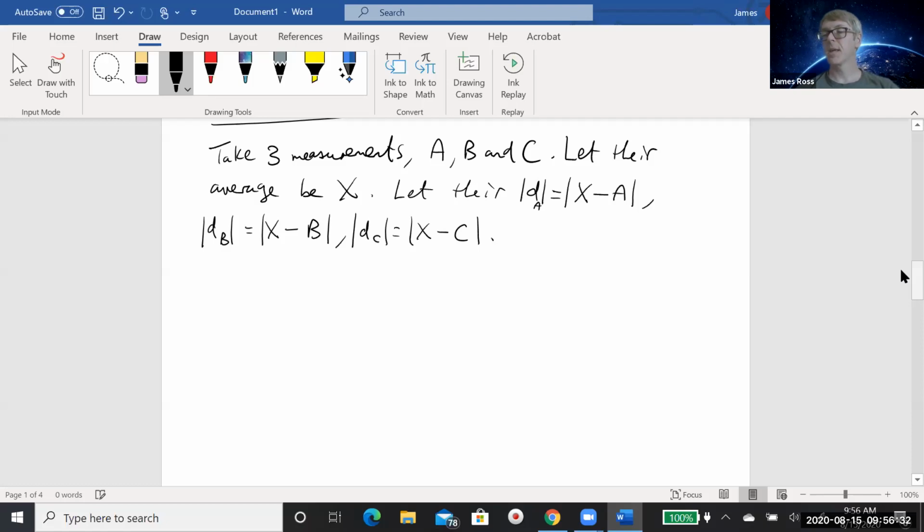Okay. Let the average absolute deviation equal D with a bar on top. So here the average I'm symbolizing as this bar.